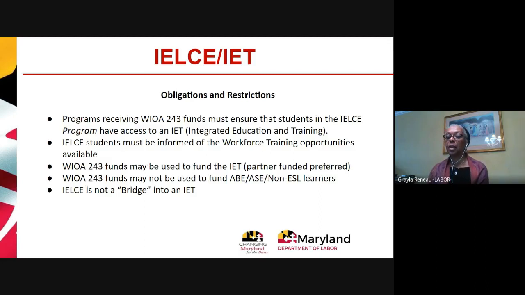Once again, if you have a partner who is paying the cost of your IET, you do not have to worry about that. They can pay for any of the learners who are participating in your IET.